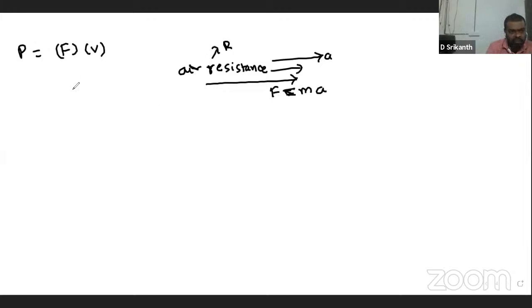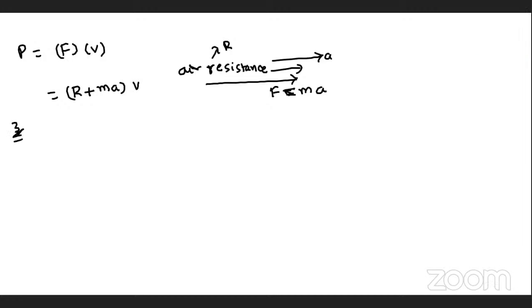Then the total force I can write as R plus MA, into V. If we don't have air resistance, then it will be MA only. And next, third point, if P is a rated power of a device.